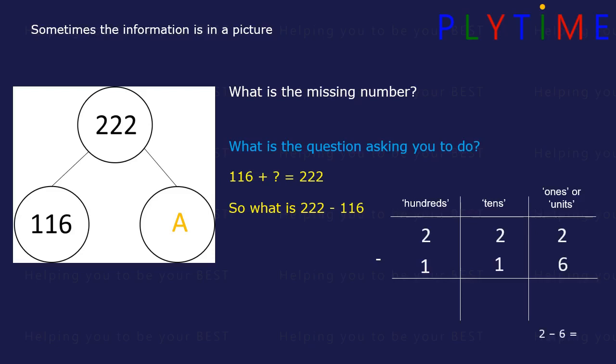We can't do, so we exchange one 10 for 10 ones. Now we have 12 minus 6. 12 minus 6 equals 6. In the tens, 1 minus 1 is 0. And 2 minus 1 equals 1. So the missing number is 106.